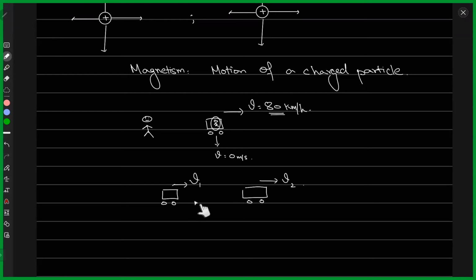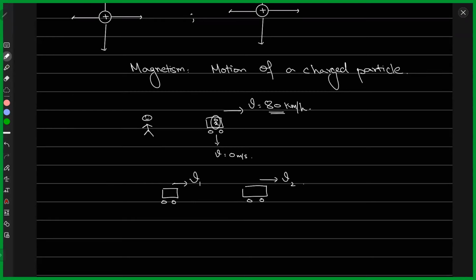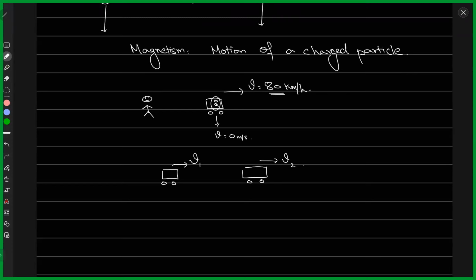To elaborate more, suppose these two cars are traveling at the same speed, this is V and this is also V, and they're traveling parallel to each other. If they're both traveling parallel to each other, they would see each other as stationary, right?